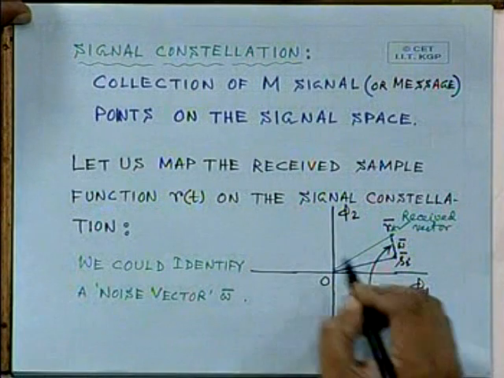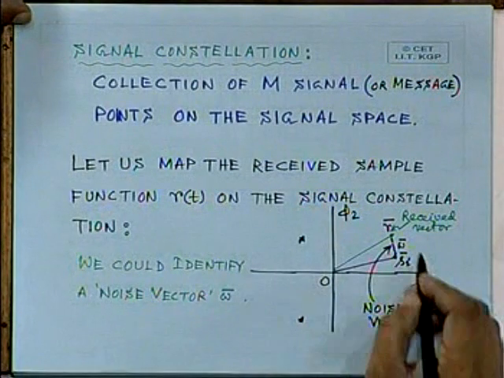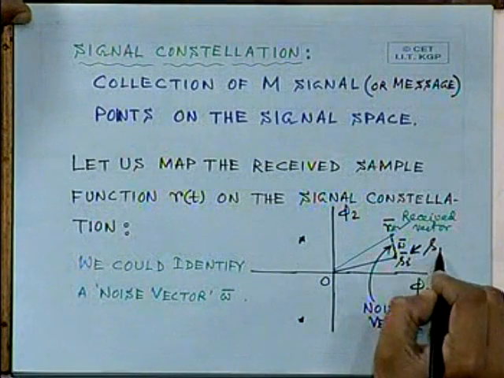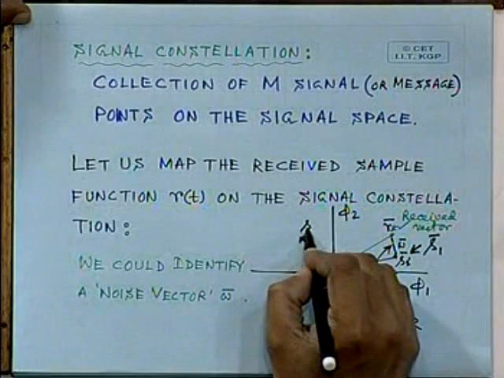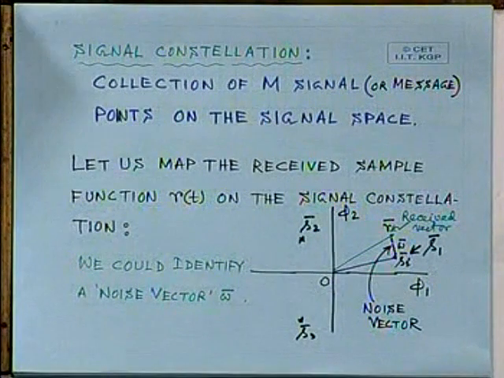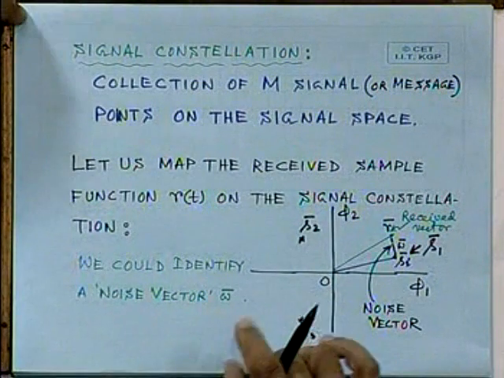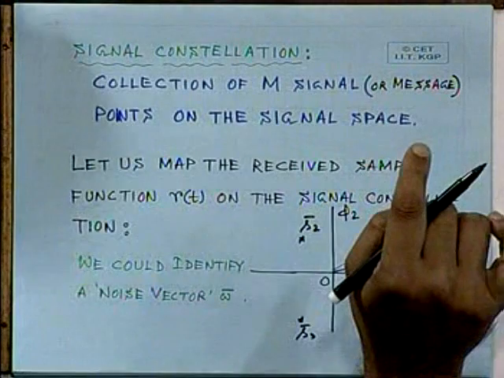In your signal constellation, you may have a few defined points, say S1, if I call this point as S1 specifically, S2 and S3. Then on the same signal constellation, I would like to also represent the received signal sample function r(t).